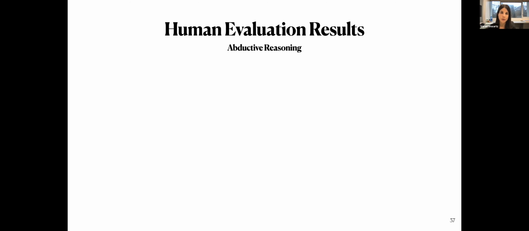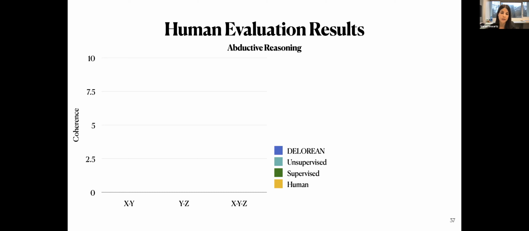We asked people to rate how coherent the generated hypothesis Y is with respect to the past context X and the future context Z, or each one of them separately and both of them together. What you see here is the average score across instances that we evaluated, and across the different annotators, with 0 being the worst and 10 being the best.